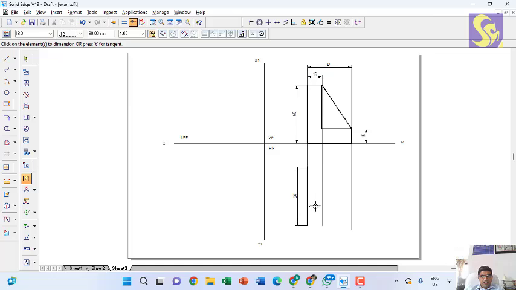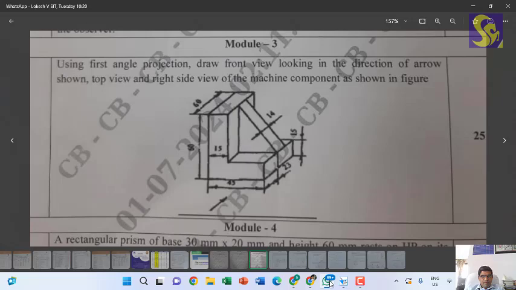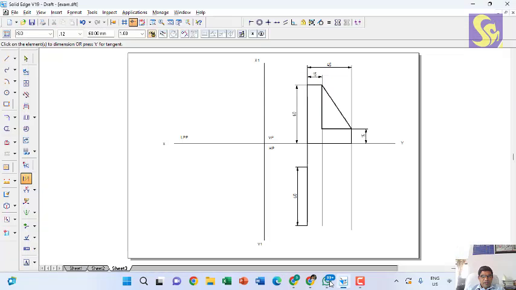And the width of 15. You can see this width of 15 here. Similar way I can draw this box.